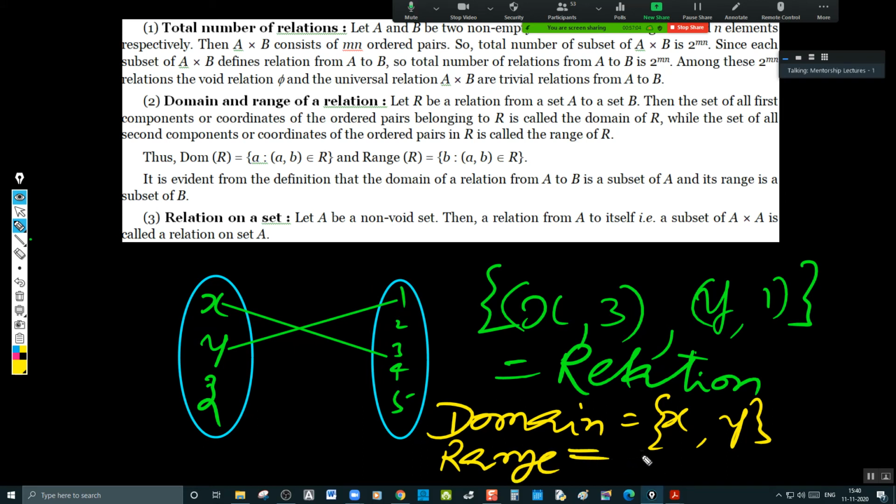The number of elements that are associated, 1 comma 3. You can write either way, 3 comma 1 or 1 comma 3, no problem.